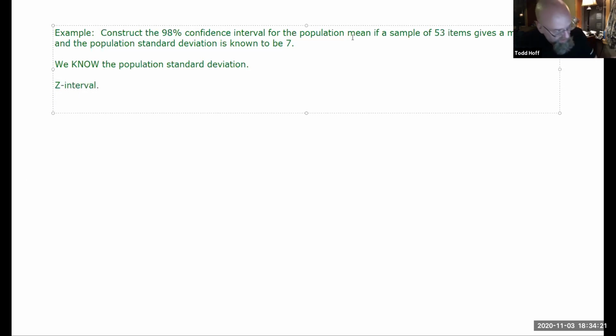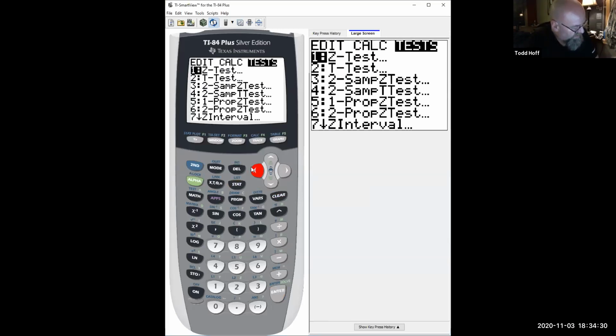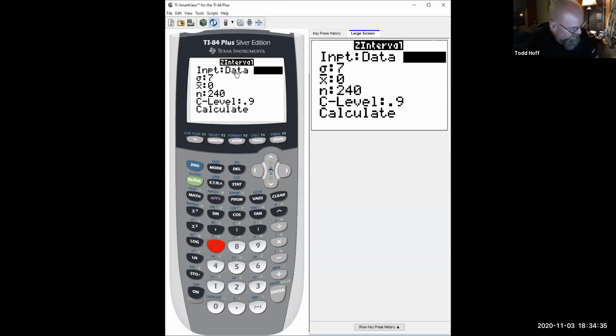So let's go to the calculator and see what we find. So stat, tests. Option number 7 down here is a Z interval. We have options up here of data or statistics. Data would be, we would have the raw data of our sample in a list in the calculator, and then we'd want the calculator to analyze that raw list of data. We don't have that here. We just have the summary statistics from the sample.